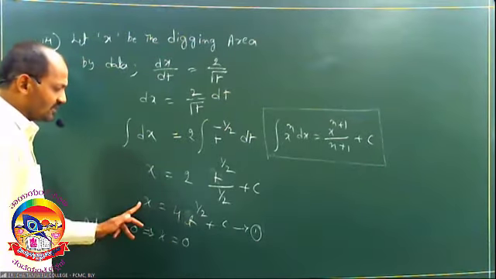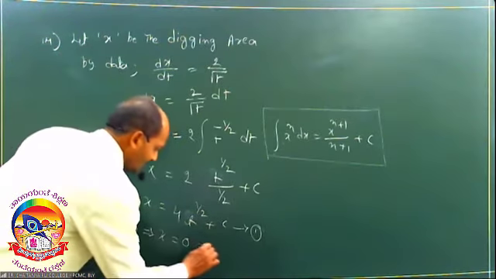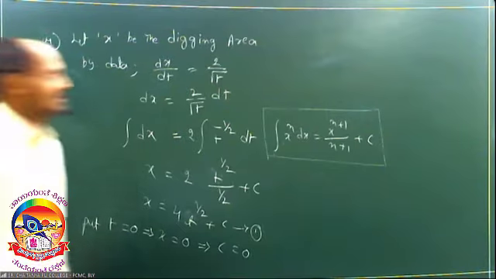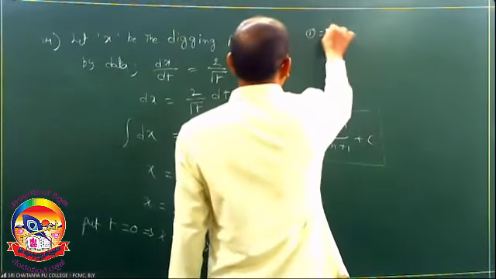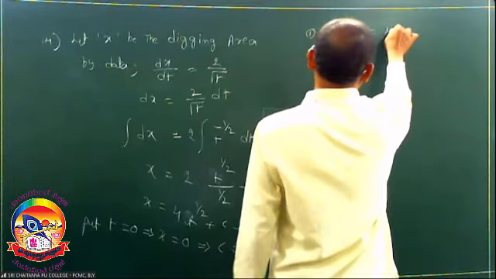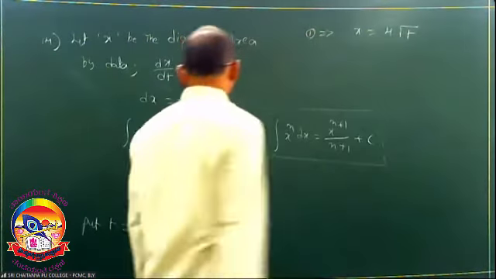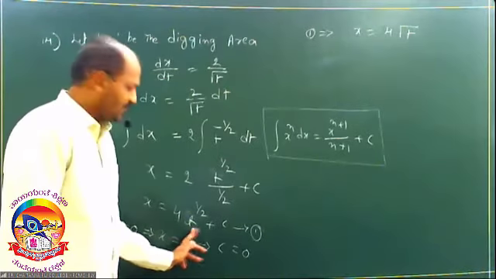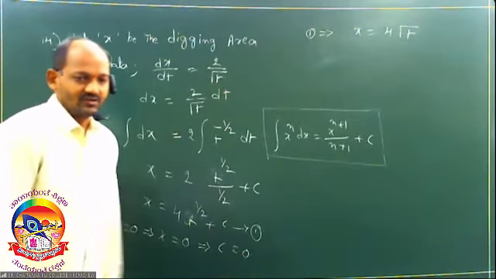If t is 0, x is 0, then clearly we get c is also 0. So equation 1 implies x is equal to 4 root t, that is t power 1 by 2, plus c. Already we get c value 0.